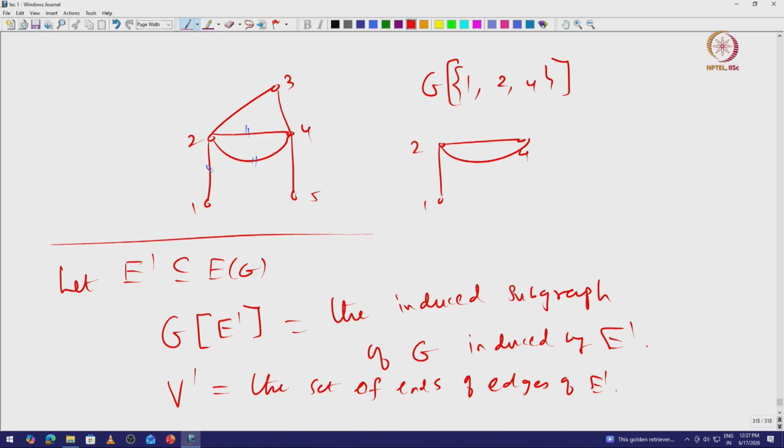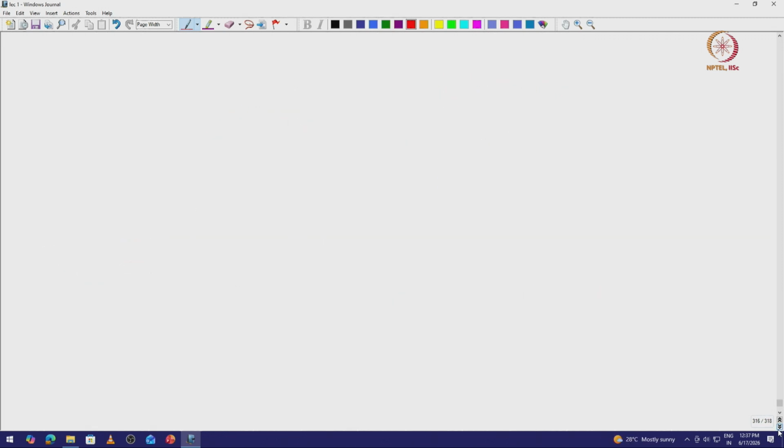Okay, so we can also talk about the induced graph induced by the complement of V dash, which is usually denoted by G bracket V of G difference V dash. Sometimes, when you are just deleting one vertex, we simply denote it by G minus v. So, what is G minus v? You start with the graph G, then you delete the vertex v, and you delete all the edges that are incident to v.